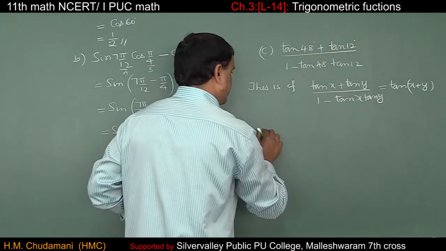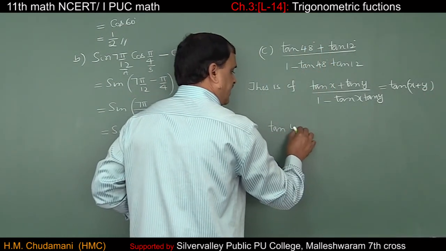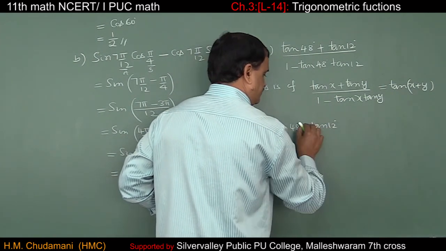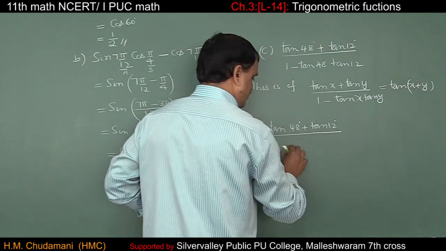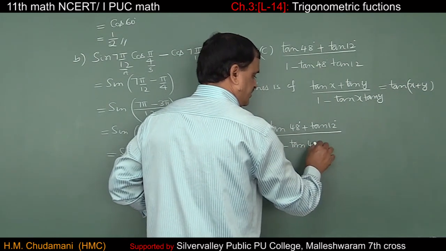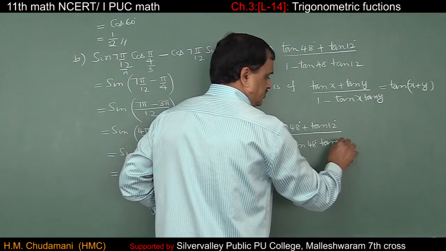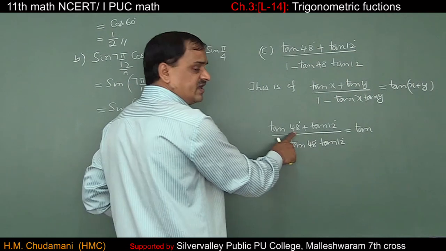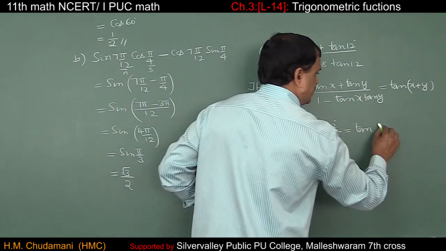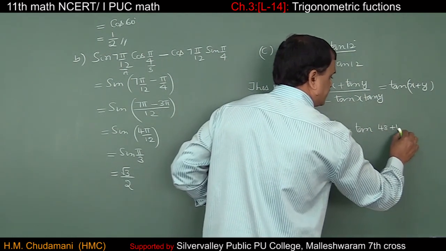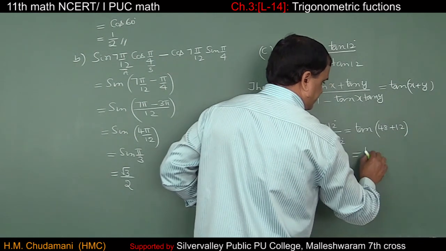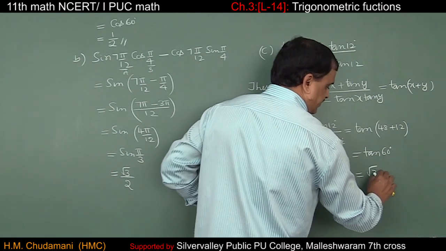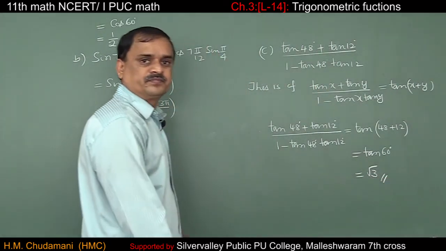So therefore, tan 48 plus tan 12 divided by 1 minus tan 48 into tan 12 is equal to, x is 48, y is 12, tan of 48 plus 12, which is tan 60 degrees. Tan 60 degrees is what? Root 3. Okay.